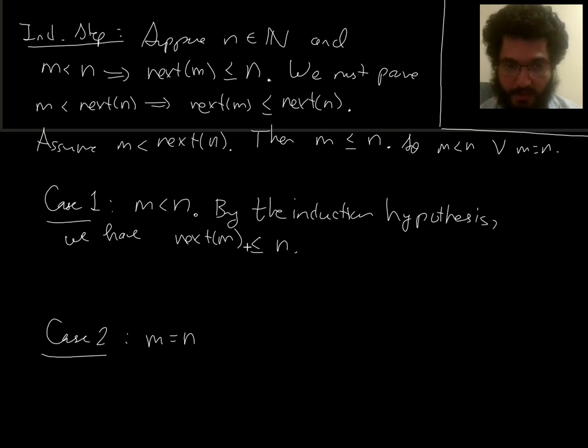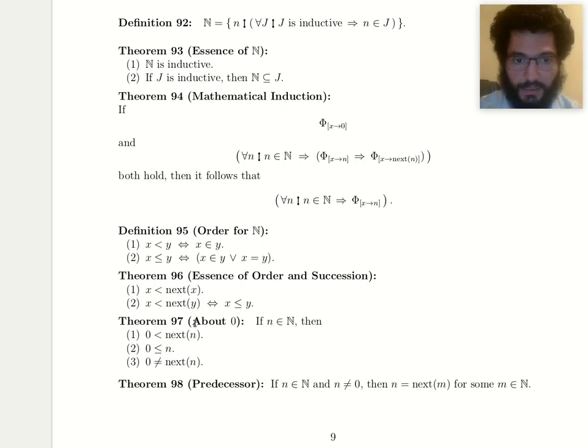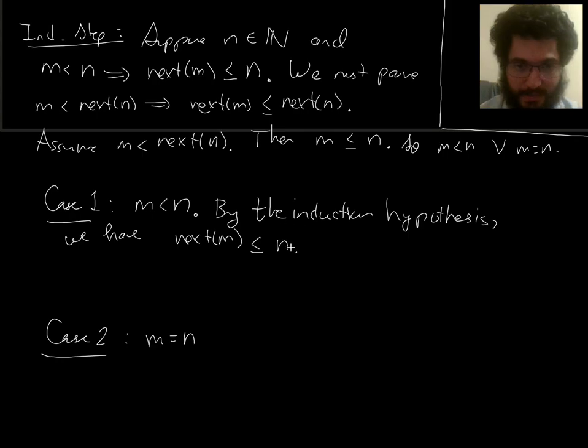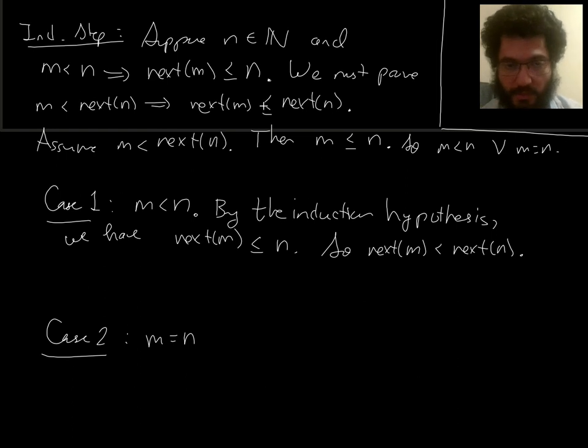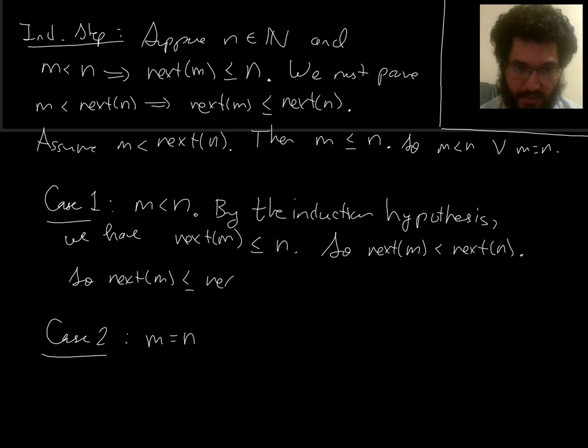Here I have, I think, one of them, because this less than or equal to can be expanded into a less than next. So next m is less than next n. Okay, that's one of the two sides of the or that I'm trying to prove here. So next m is less than or equal to next n.